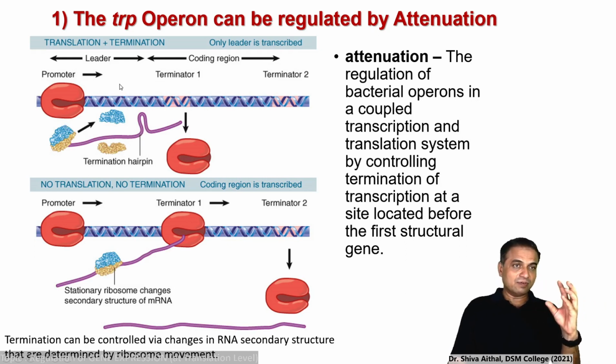Up to some level, we have seen that these terminator sequences control the process of transcription also. Rho-independent termination is based purely upon these hairpin structures. Similarly, these hairpin structures can also block the movement of ribosomes. So regulation of bacterial operons in a coupled transcription and translation process is by these types of structures.